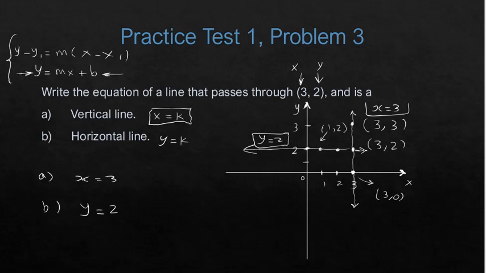If I give you another point instead of (3, 2), let's pick the point (2, 4). Write the equation of the line that passes through it. Now would be a good time to pause the session and see if you can write the equation of the line that passes through point (2, 4) and is vertical, and then the one that is horizontal.